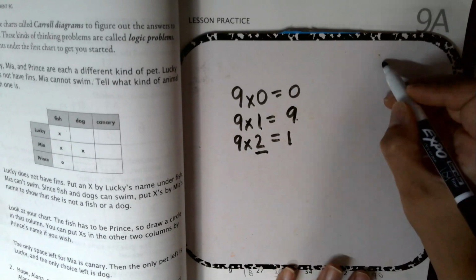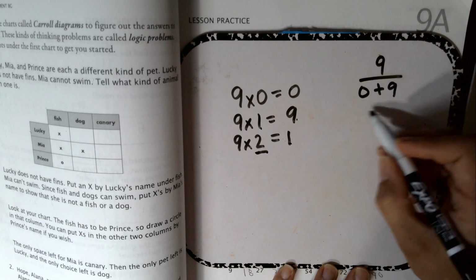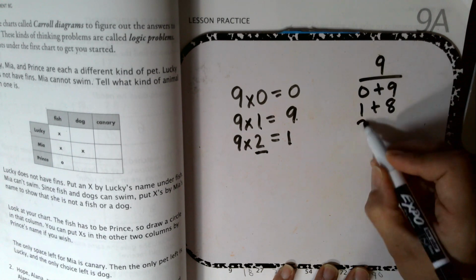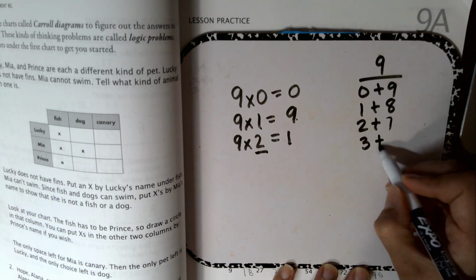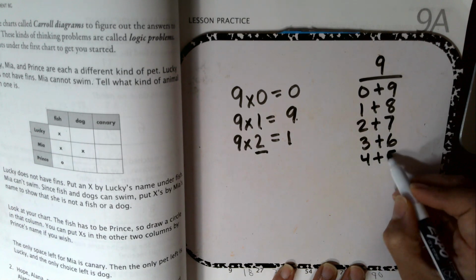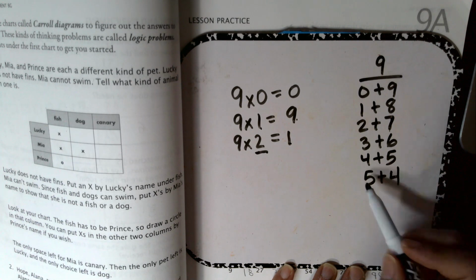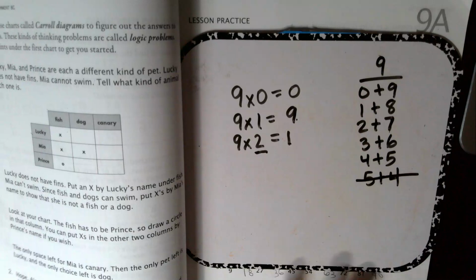For example, I'll put all the 9 factors here. So if we have 0 plus 9, we have 1 plus 8, we have 2 plus 7, we have 3 plus 6, we have 4 plus 5, and then we just have 5 plus 4. So they repeat themselves, so we are all done here. Okay, those are all of our factors.